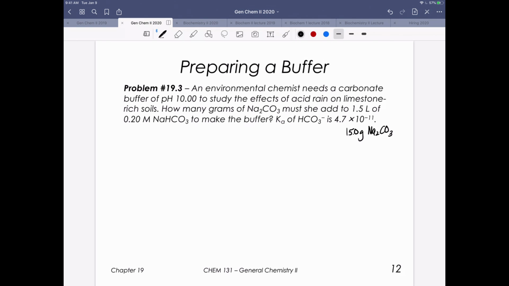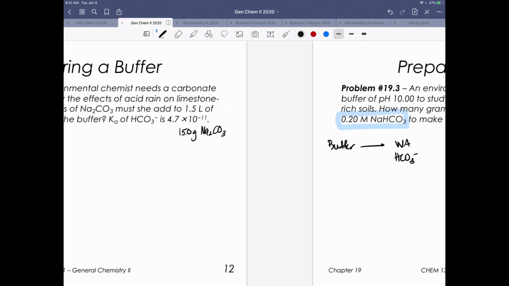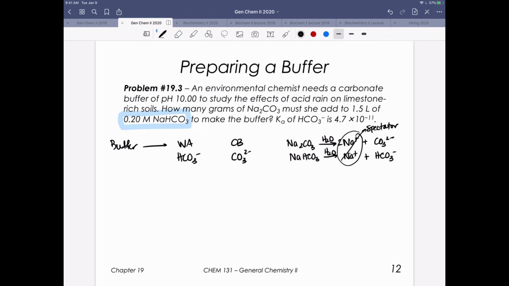If you need some hints, let's slowly start revealing this problem. We know that we have a buffer that we want to make, so we're going to have a weak acid and a conjugate base. Our weak acid is going to be bicarbonate, and our conjugate base is going to be carbonate. We generate the carbonate from our sodium carbonate salts, and we generate the bicarbonate from our sodium bicarbonate salts.